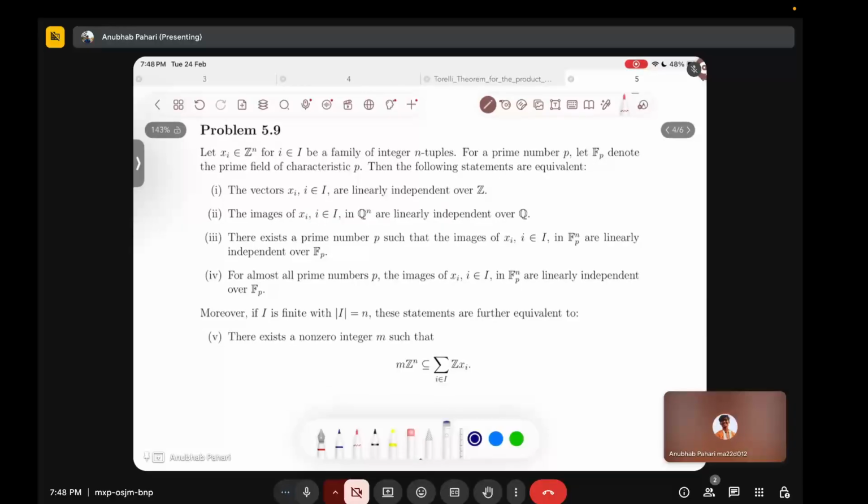And the fourth statement says that for almost all prime numbers p, the images of x_i, small i coming from capital I, in F_p^n are linearly independent over F_p.